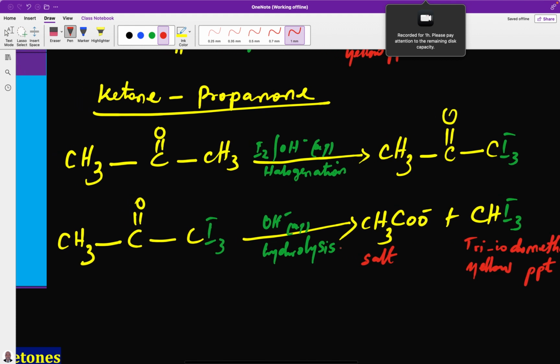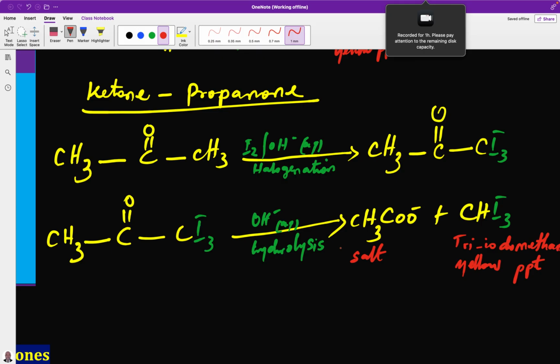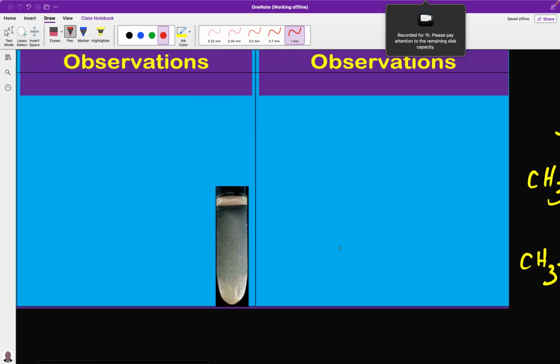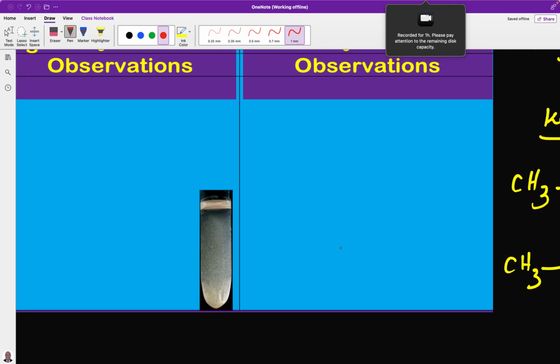I said this test can be used to identify the presence of the secondary alcohol group. So with the two test tubes, this will give a yellow precipitate of CHI3, and this will also give CHI3, which is also a yellow precipitate.